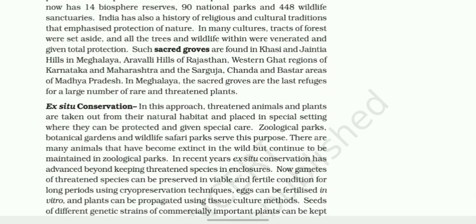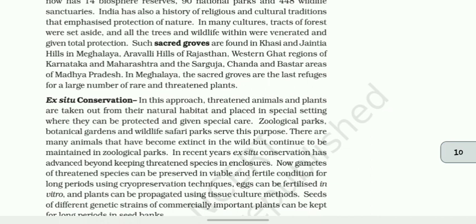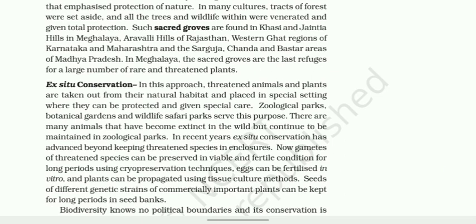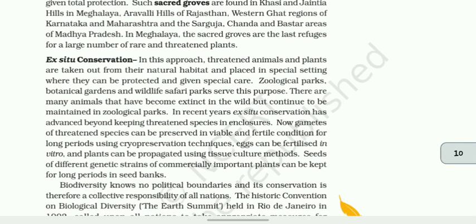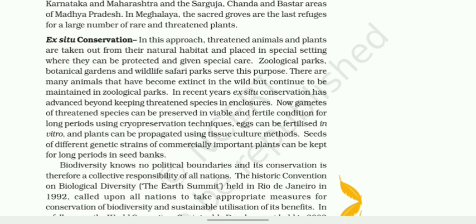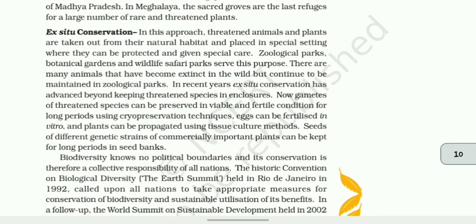In many cultures, tracts of forest were set aside and all the trees and wildlife within were venerated and given total protection. Such sacred groves are found in Khasi and Jaintia hills in Meghalaya, Aravalli hills of Rajasthan, Western Ghat regions of Karnataka and Maharashtra, and the Sarguja, Chanda and Bastar areas of Madhya Pradesh. In Meghalaya, the sacred groves are the last refuge for a large number of rare and threatened plants.